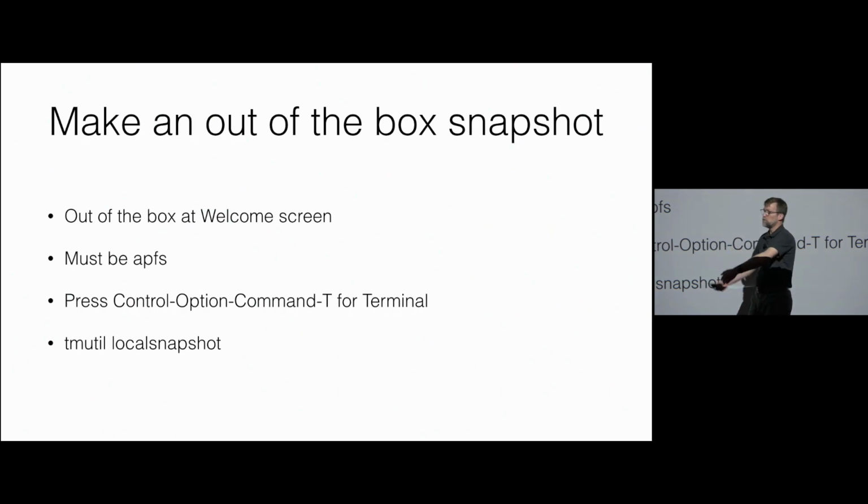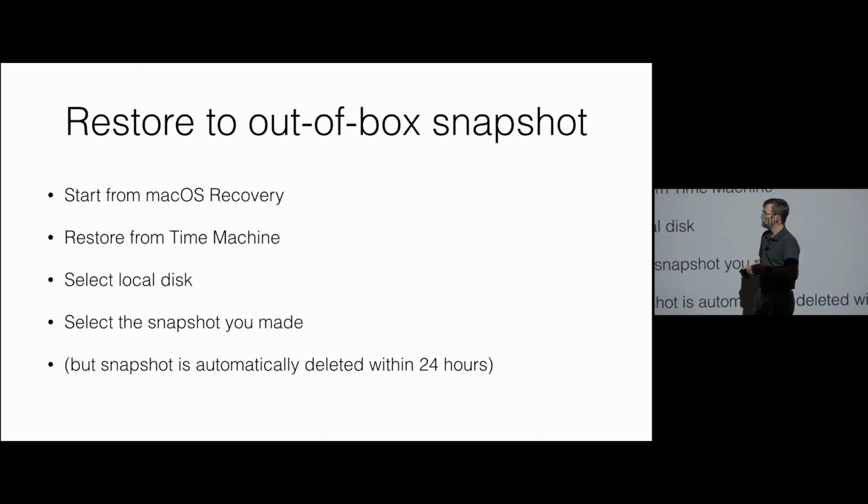So to restore to that snapshot, you start from macOS Recovery, select Restore from Time Machine, select your local disk, which is the source of your Time Machine backup, select the snapshot you made, but you have to do this within 24 hours because macOS automatically prunes those local snapshots.